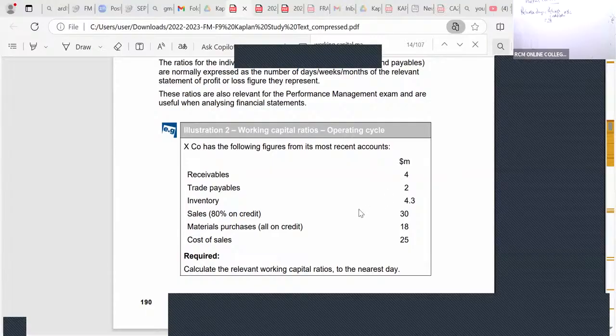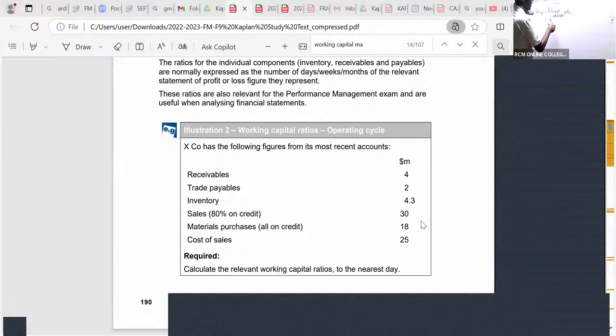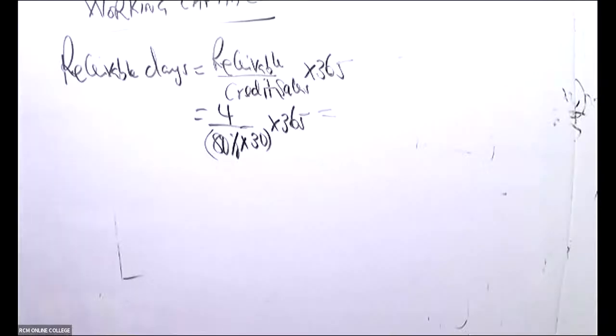When it comes to sales, the total sales here is 30, but 80% are on credit. So 80% times that 30, and whatever answer we get, multiplied by 365. In that case, is there anybody who can give me these days?